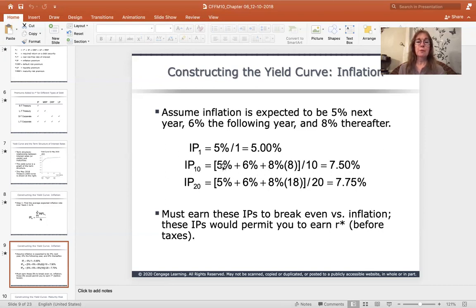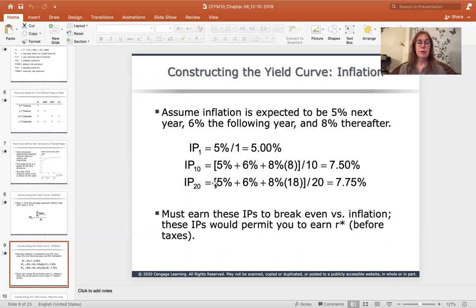So we'd have 5% plus 6% plus 8%, 8 times. They're just doing a shortcut here, and they're multiplying the 8% times the 8 years. So you've got 1 year at 5, 1 year at 6, 8 years at 8%, divide the whole thing by 10 years. And on a 10-year bond, the inflation premium is going to be 7.5%.